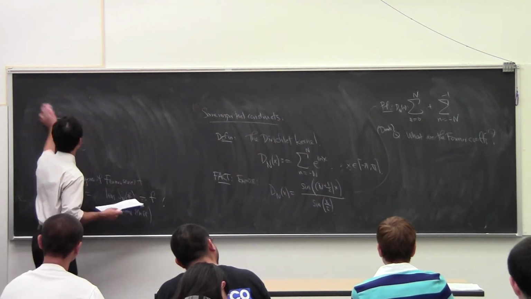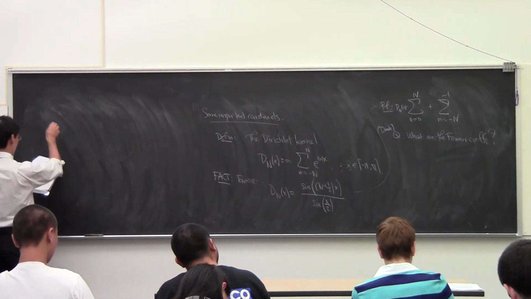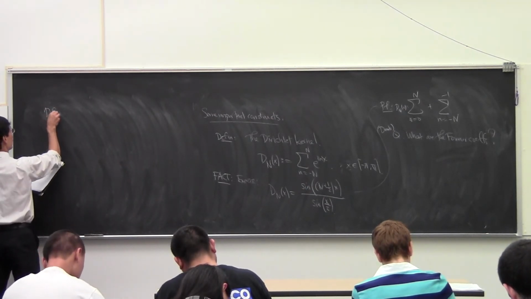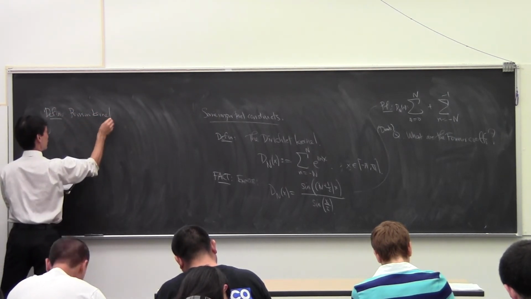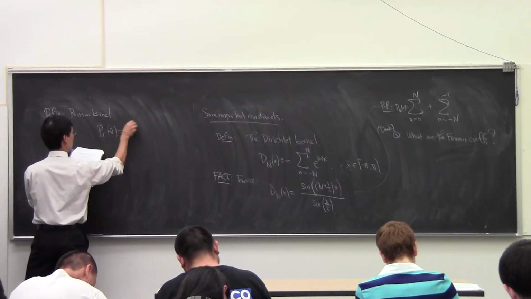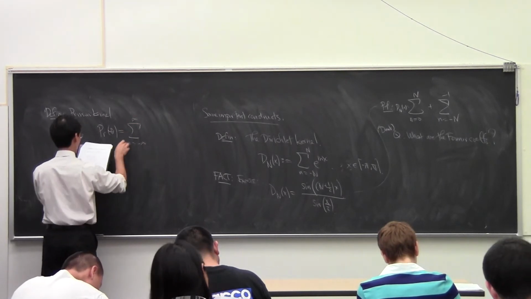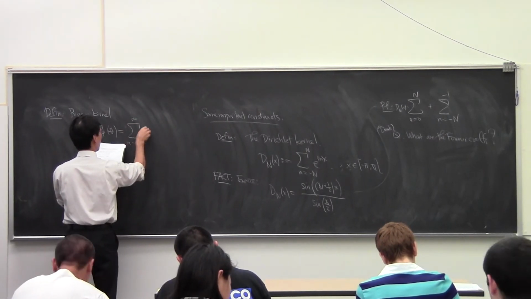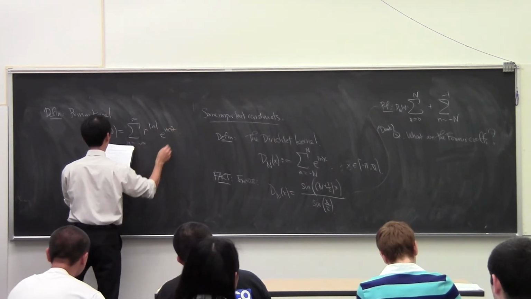The second construct is the Poisson kernel. Definition: the Poisson kernel is defined like this: P_r(theta) equals the sum from n equals negative infinity to positive infinity of r to the absolute value of n times e to the i n theta.